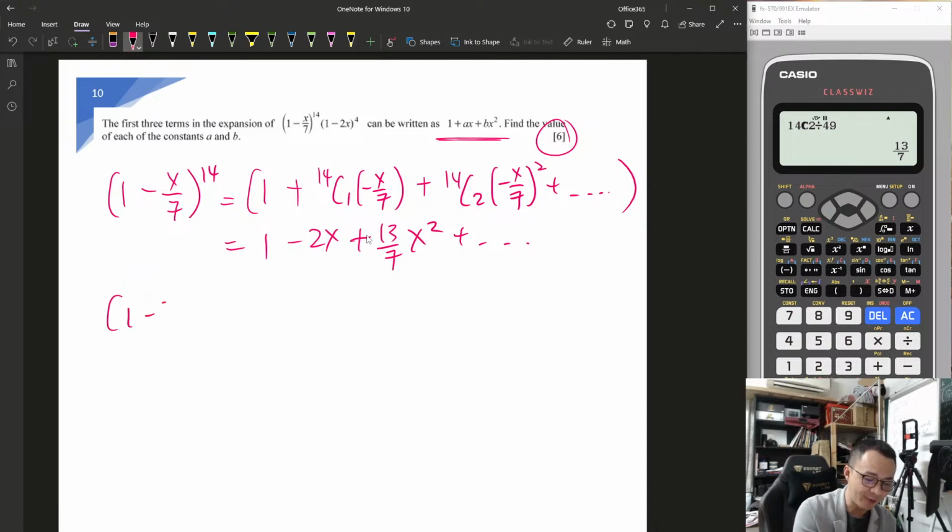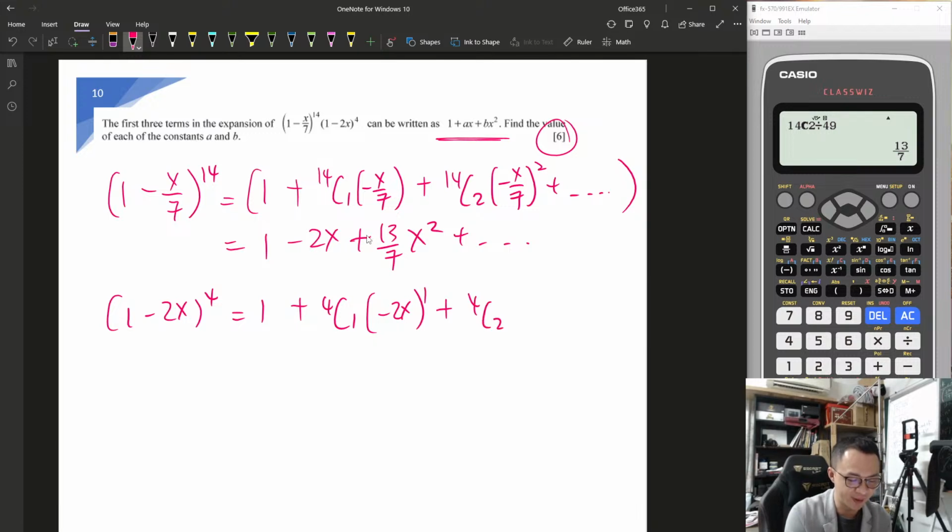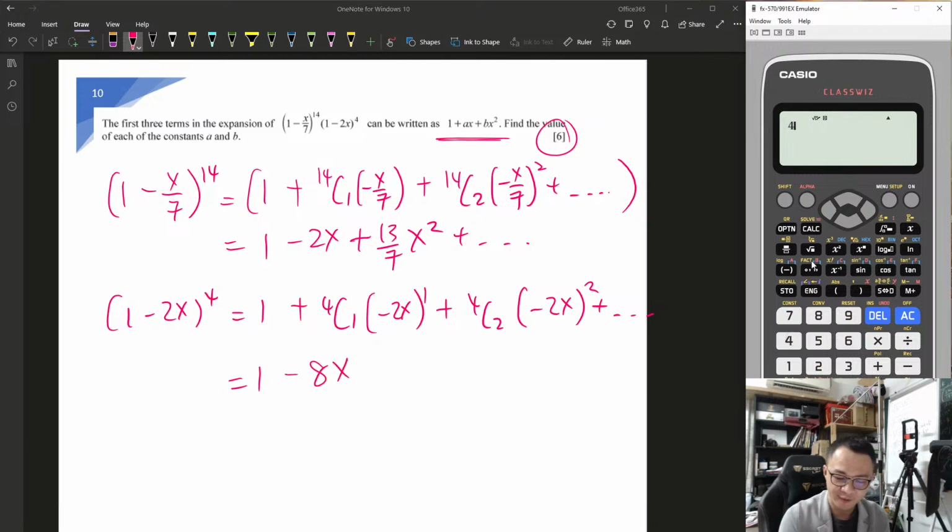Then the second one, I'm going to expand also. First term is 1. Then this is 4c1 times negative 2x to the power 1, and this is 4c2 times negative 2x to the power 2. So this is 1 minus ax plus, 4c2 is 6, and 6 times 4 is 24x squared.